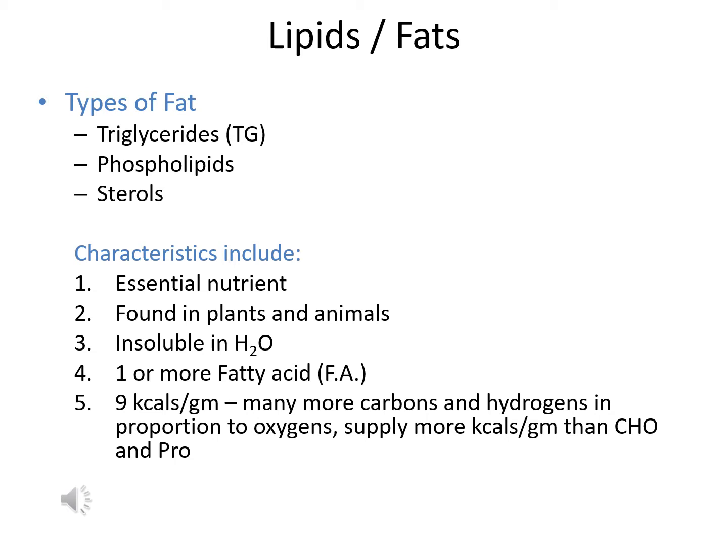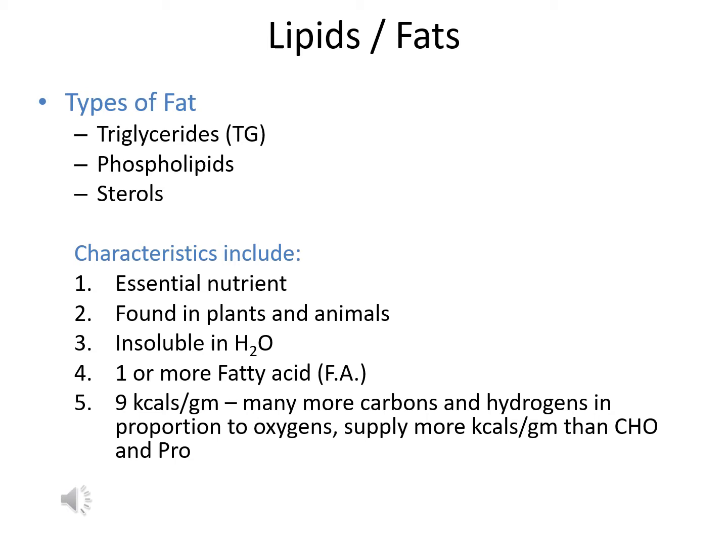Also, the chemical makeup of fats include one or more fatty acid in its structure. And we'll take a look in just a minute at what a fatty acid actually looks like. Then lastly, it doesn't matter whether it's a triglyceride, a phospholipid, or a sterol. They all contain the same amount of calories, 9 calories per gram.